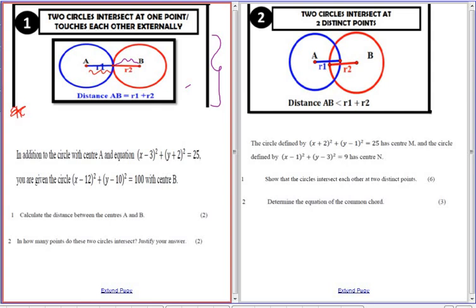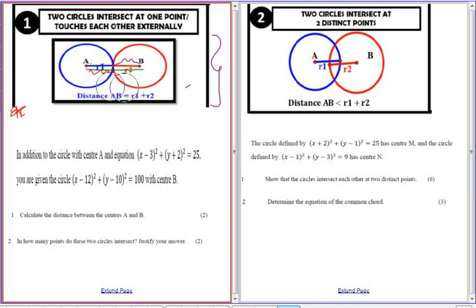All you really need to do is add R1 and R2 and compare it to the distance AB here. If I were to ask you to calculate this distance AB and compare it to the sum of R1 and R2, you can really see that they are exactly equal here.